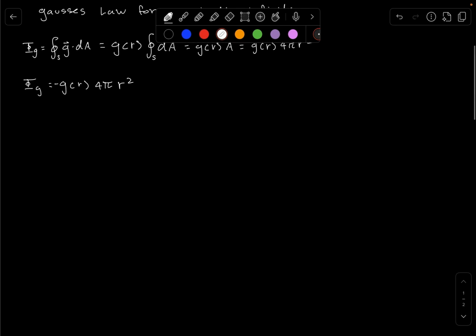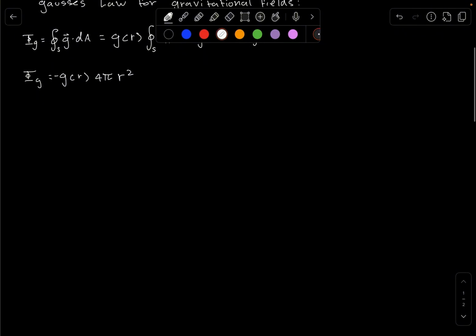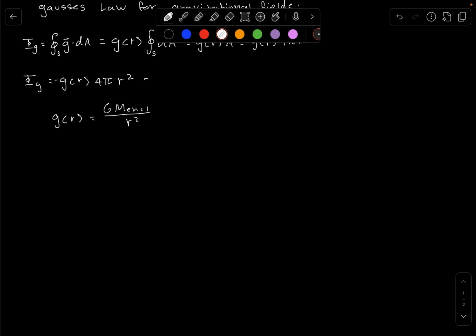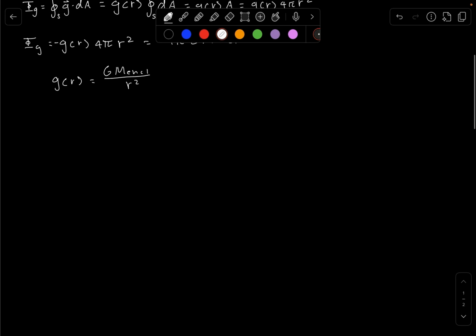Okay, so now that we have that, and we also know that G of r is equal to G mass enclosed over r squared, we can set these equal to each other, so we get negative 4 pi G M enclosed. So that's all we need to solve this problem.